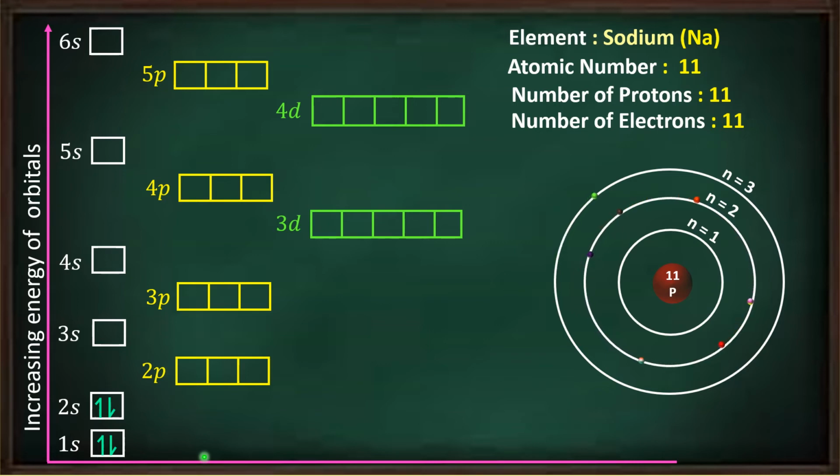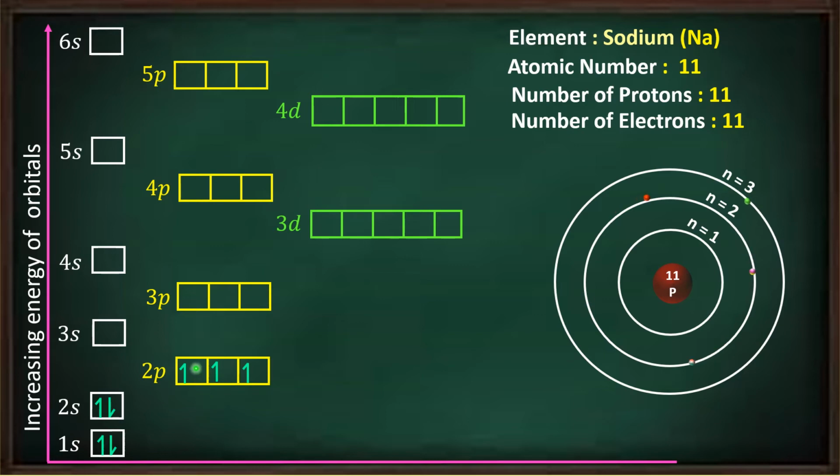Next, the fifth electron occupies one of the empty orbitals of 2p. Next, the sixth electron will occupy the other empty orbital. So 6 electrons have been filled. Next, the seventh electron occupies the remaining empty orbital. So all these orbitals are singly occupied by the electrons.